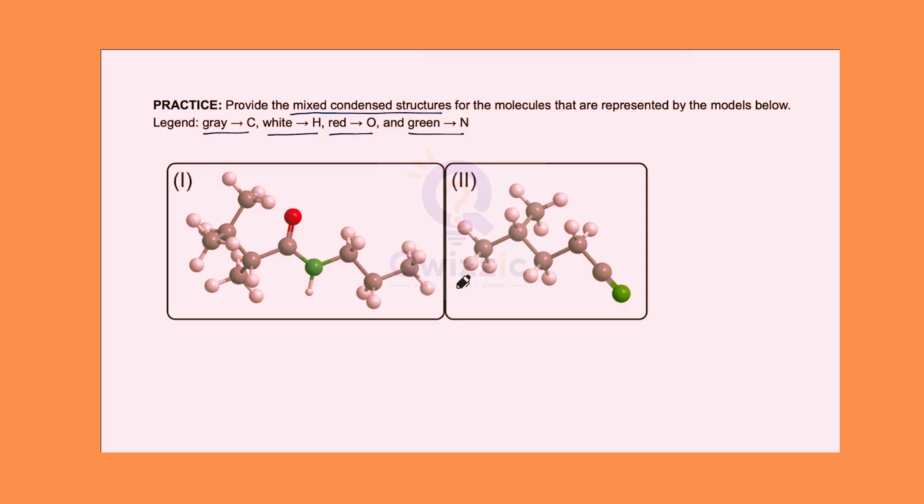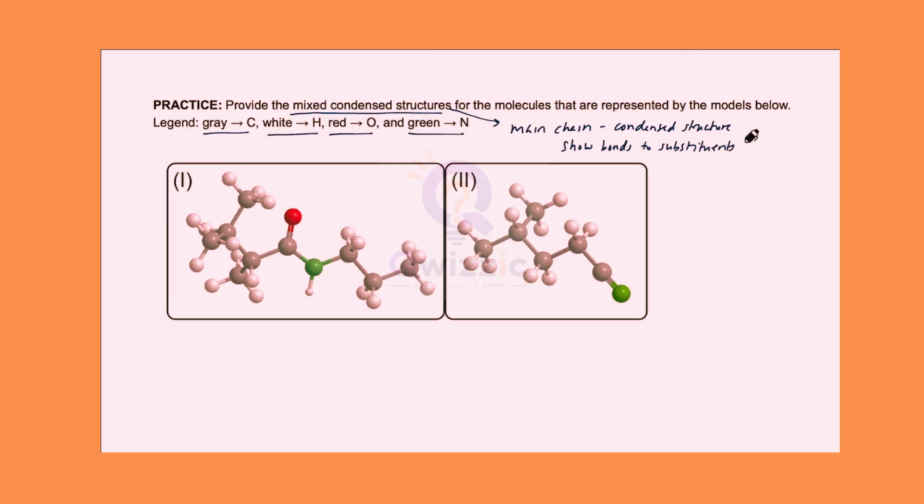So we're going to draw a mixed condensed structure. As its name indicates, we start with the notion of a condensed structure. So our main chain is written in the form of a condensed structure, essentially. But we show the bonds to the substituents rather than indicating them in parentheses.